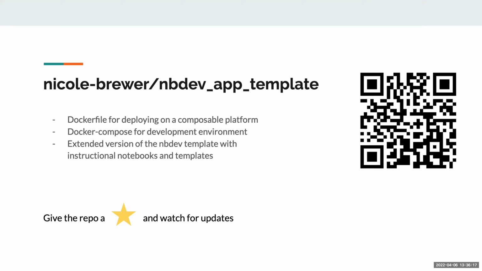Thanks, Nicole. I was just wondering if you've tried other options. The one I use the most is Streamlit for these little web app things. I use it in teaching chemistry, different little web apps. I was wondering what your thoughts were on Voila versus any of the other options.